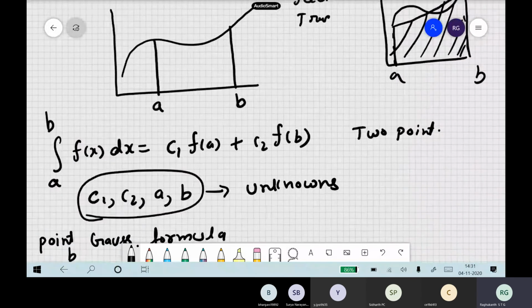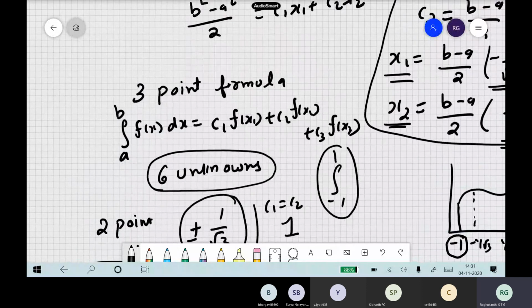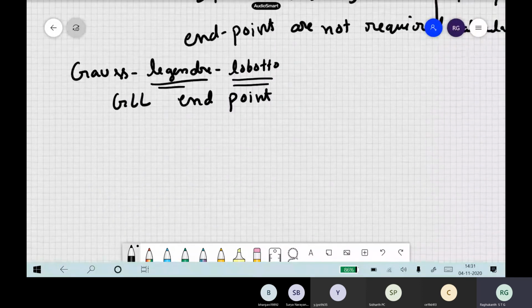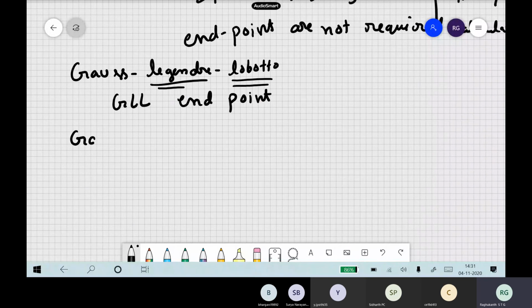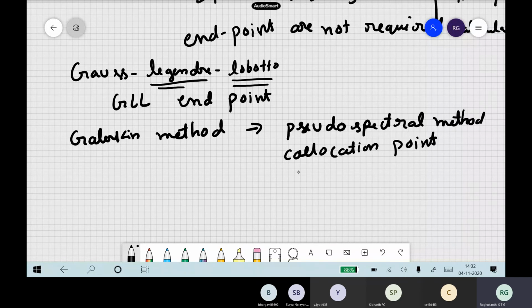Now one can show mathematically that if these interpolation points are the same as the Gauss points, then our Galerkin method, which is also a very famous method in FEM, is more or less the same as the pseudo spectral method, provided your collocation points, where you are approximating the functions, are taken the same as the Gauss points.